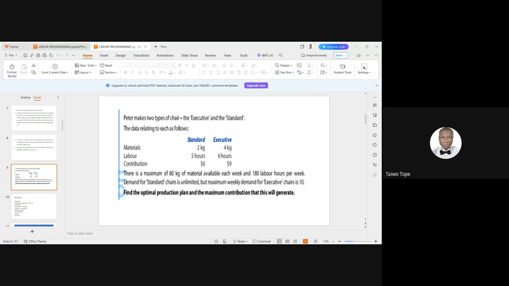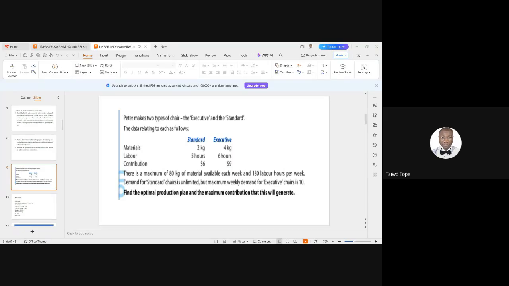We have material: standard 2 kg, executive 4 kg. Labor: 5 hours for standard, 6 hours for executive. Contribution: $6 for standard, $9 for executive. And there is a maximum of 80 kg of material available each week and 180 labor hours per week.